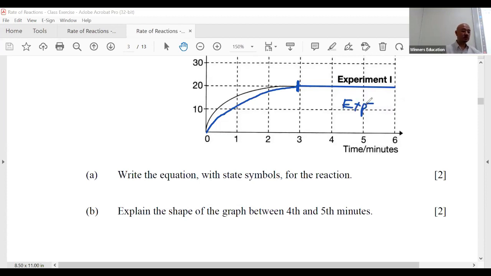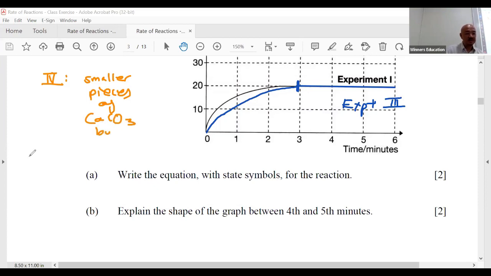Experiment 2 or experiment 3, I think. Third, what is it? Smaller pieces of marble, which is calcium carbonate, but same mass, which is a good experiment. All right, but with same mass. So what we know over here, if you use smaller pieces of calcium carbonate, it means what?